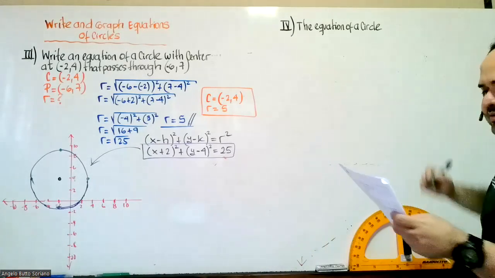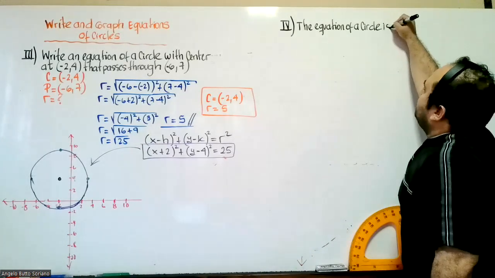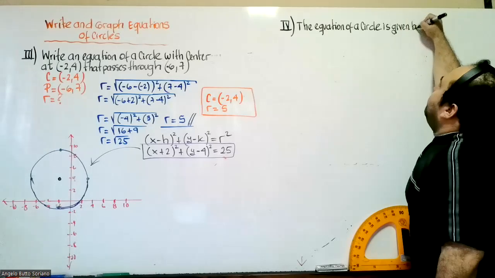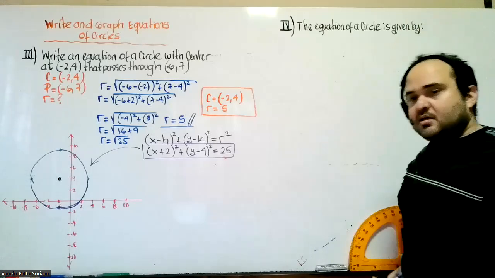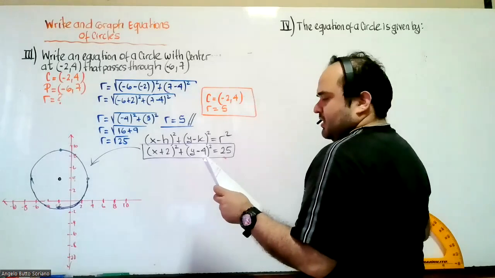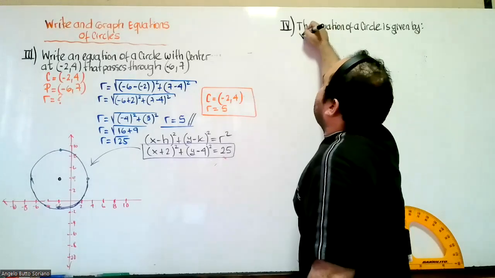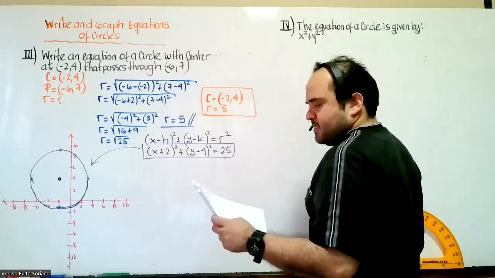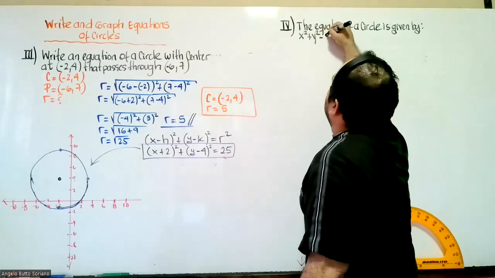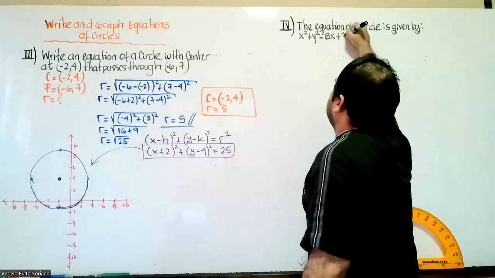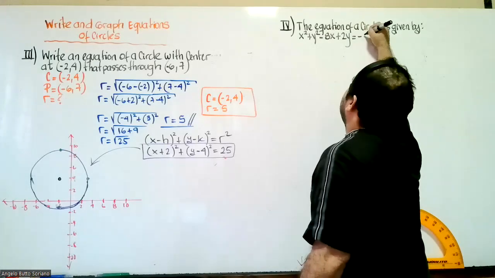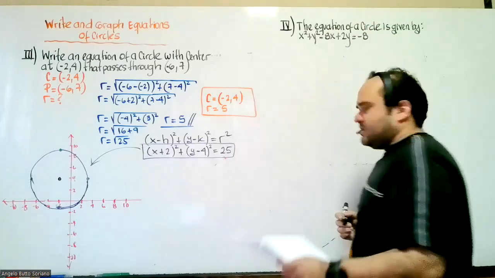The equation of the circle is given by x squared plus y squared minus 8x plus 2y equals -8.